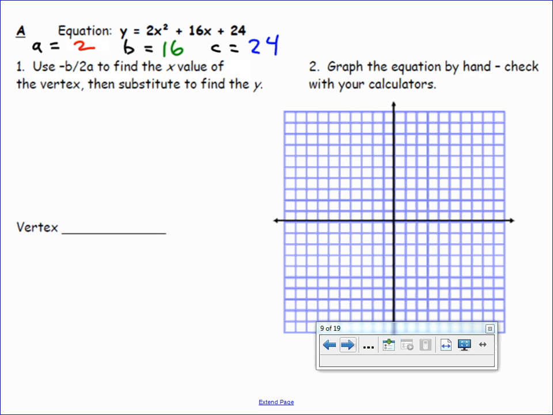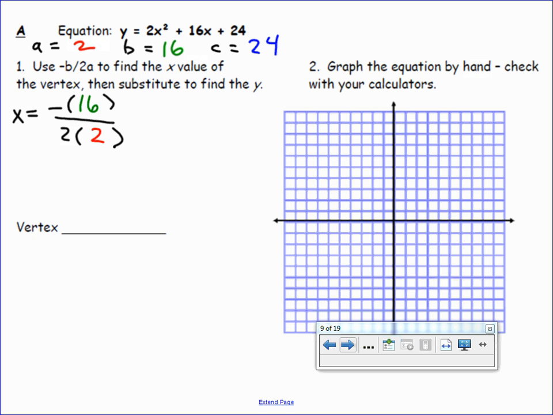Now we'll go ahead and evaluate. x equals opposite of b over 2a gives me the x coordinate of the vertex and the axis of symmetry. So let's evaluate that right now. x is given by the opposite of b over twice the value of a. The value of b was 16 and the value of a was 2.